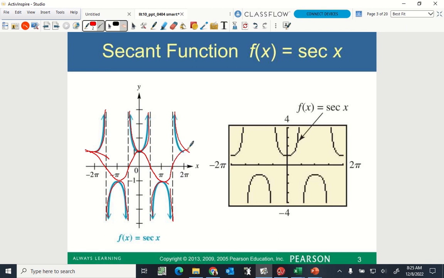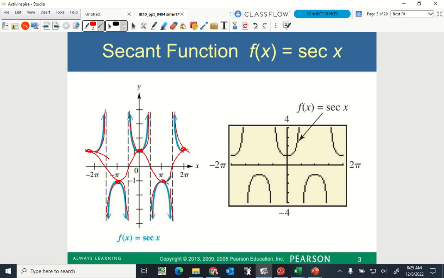When you draw your cosine wave, you do it as if it's cosine, but at the peak, the maximum, it flips up. At the minimum, the bottom part, it flips down. And everywhere that it would be crossing the x-axis is going to be asymptotes.